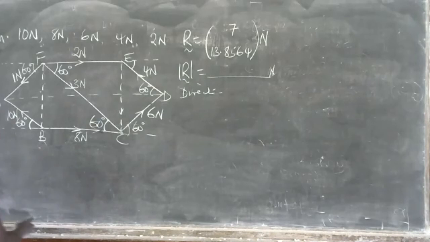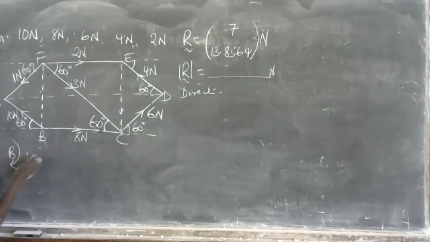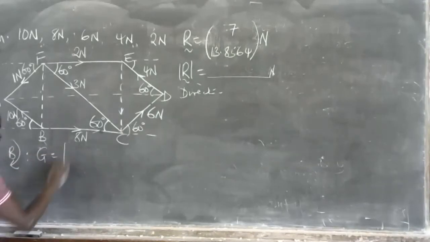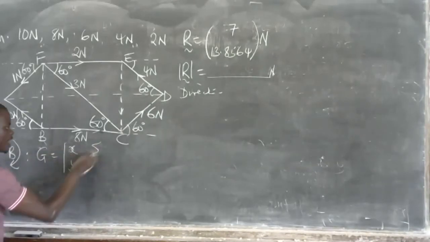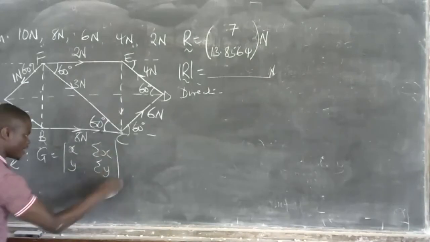we are going to use the equation of line of action, taking moments about B, because that is where we are taking moments about. The sum of moments about G is equal to x times sum of y.